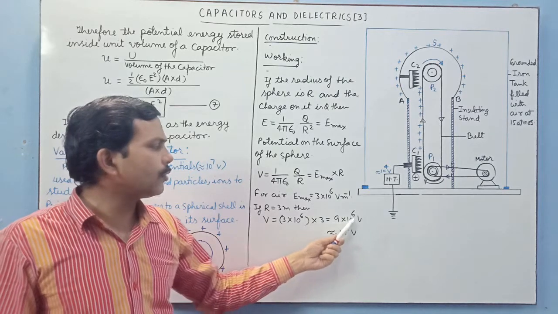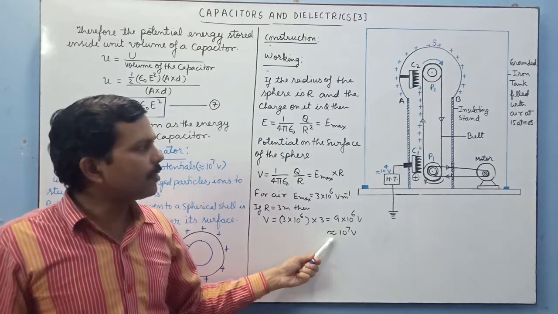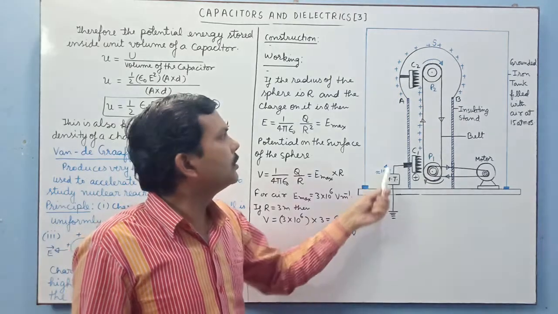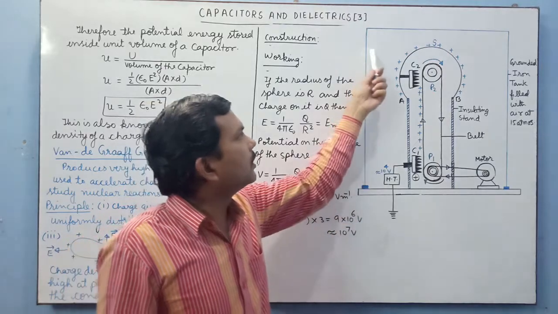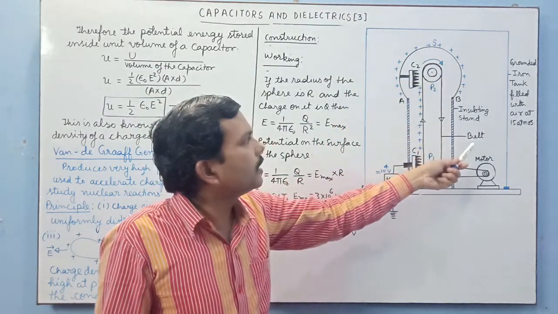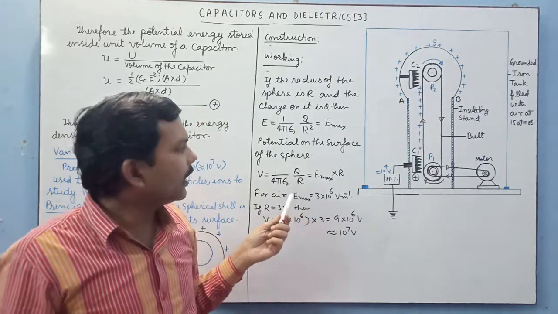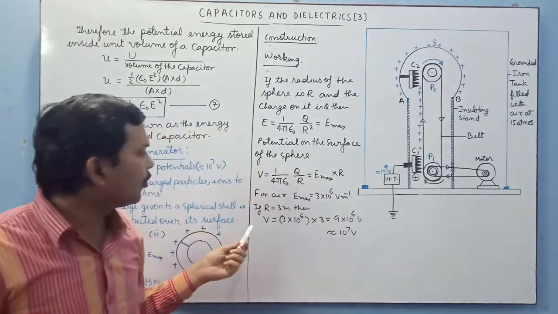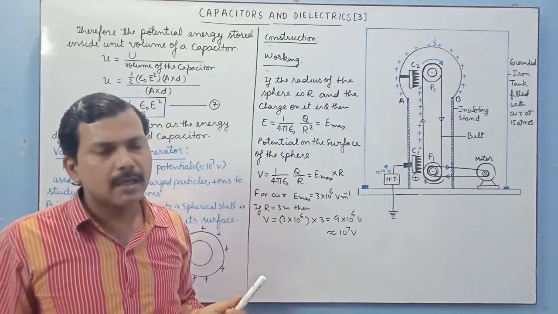This is 9 into 10 to the power 6, which is approximately 10 to the power 7 volt. If we put this Van de Graaff generator into a grounded iron tank filled with air at 15 atmosphere, then a further higher voltage is obtained by this apparatus.